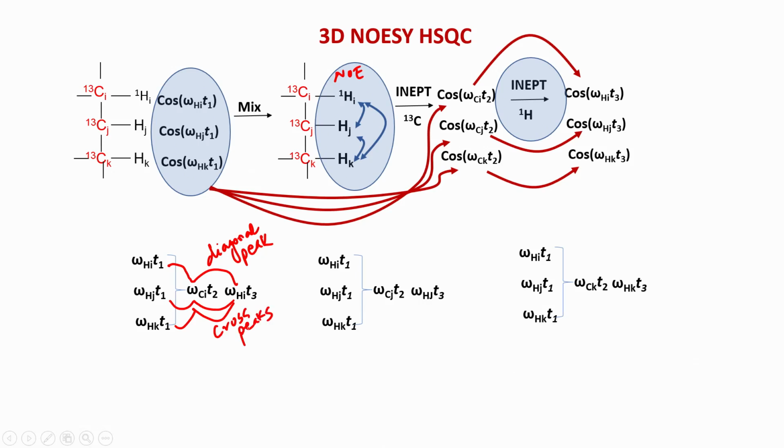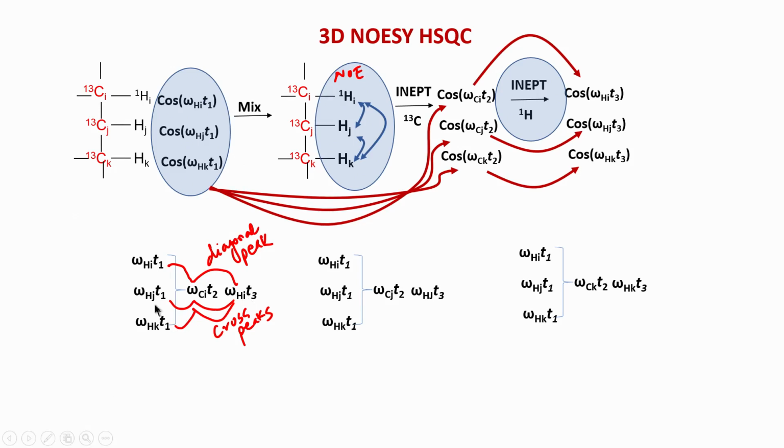This is very important to keep in mind, what is a diagonal peak and what is a cross peak. Okay. So, now what is the advantage, why is this a big deal? The big deal here is diagonal peaks do not carry any distance information in a NOESY spectrum. Why? Because they are correlating one atom with the same atom. So, there is no question of distance between the same atom to the same atom.